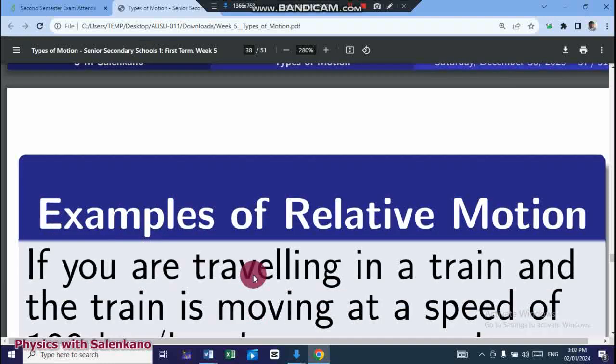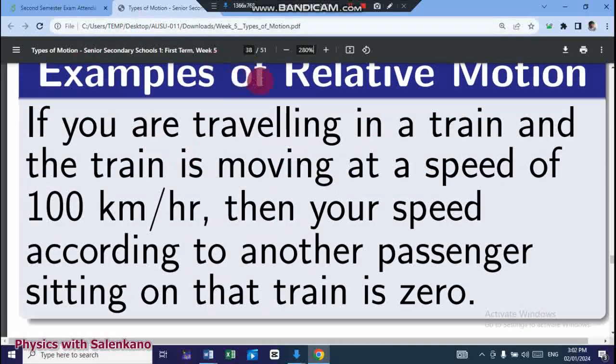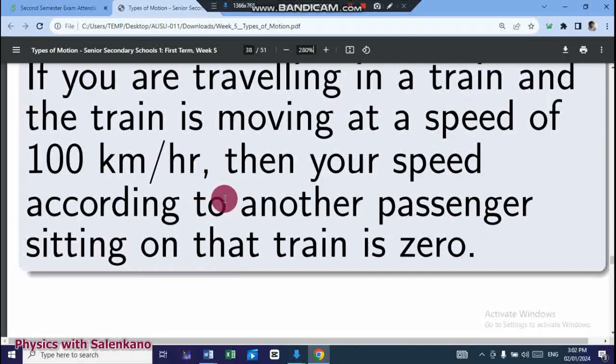So examples of relative motion. If you are traveling in a train and the train is moving at a speed of 100 km/h, then your speed, according to another passenger sitting with you on that train, is zero, because to him you are not moving.